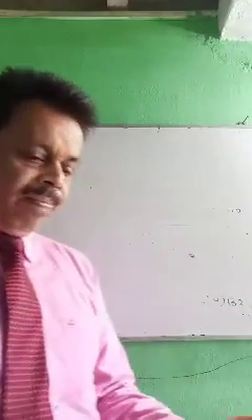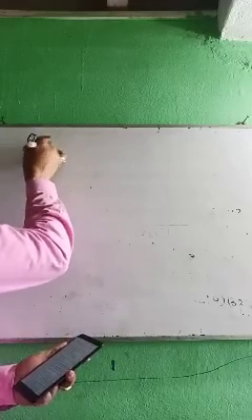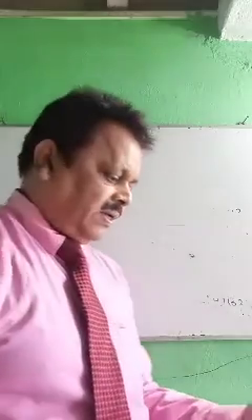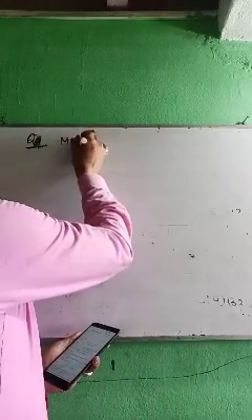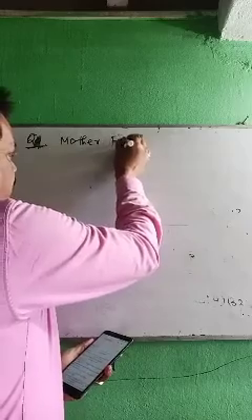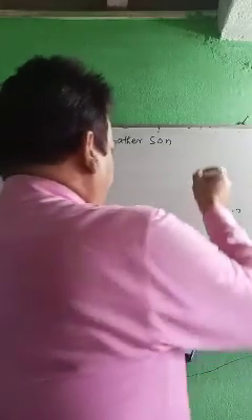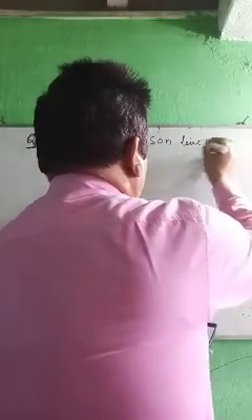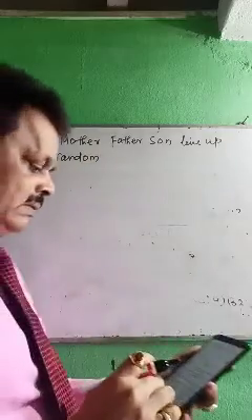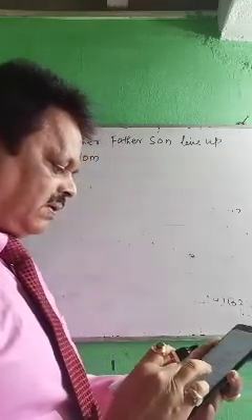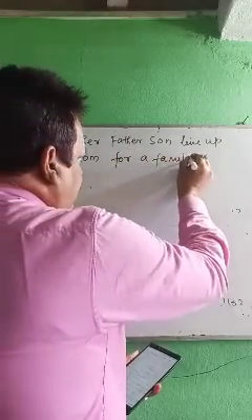Question number 9: mother, father, son line up at random for a family picture.